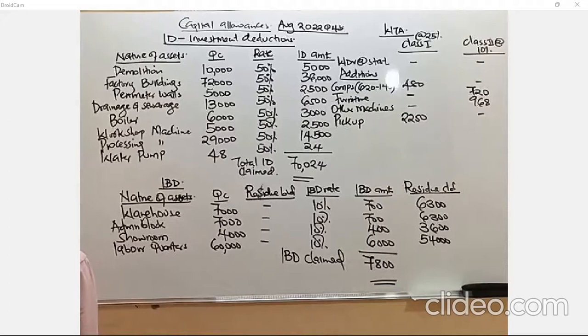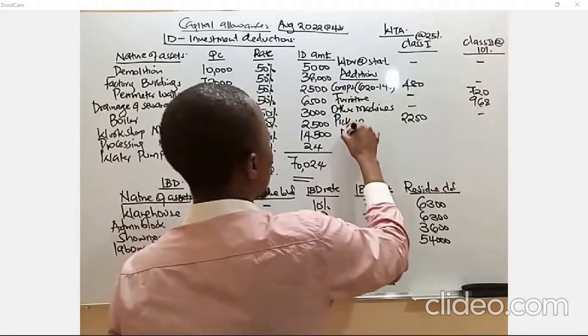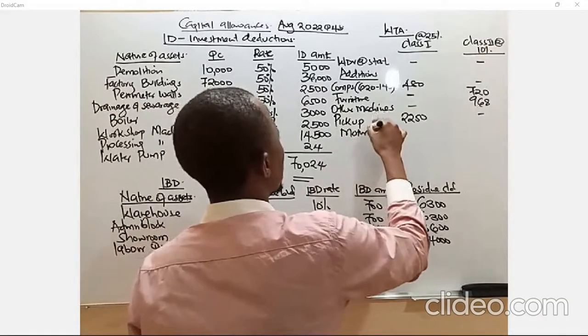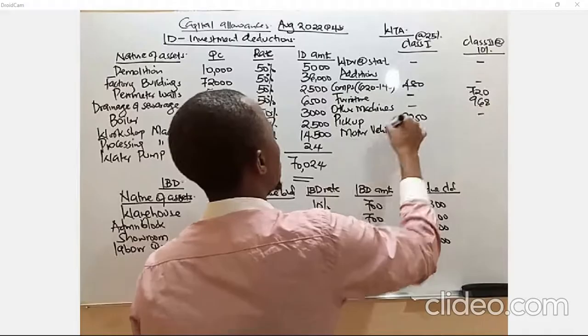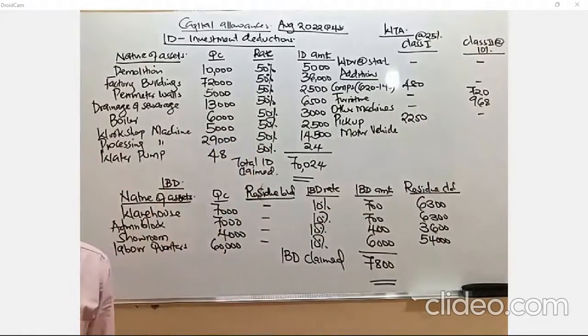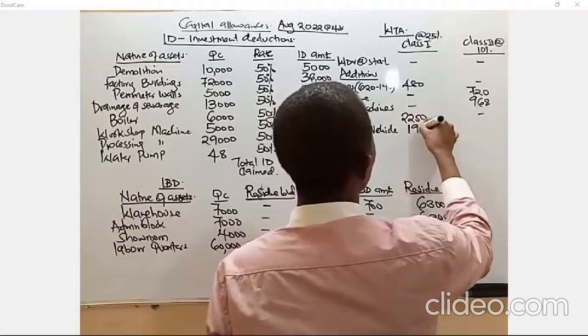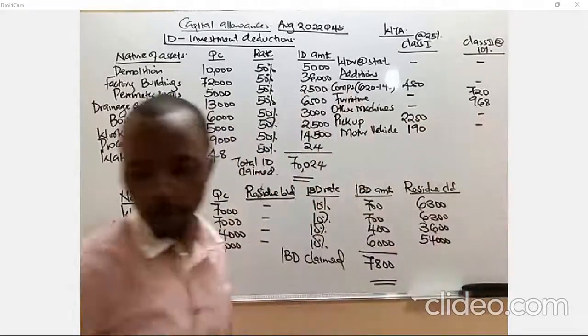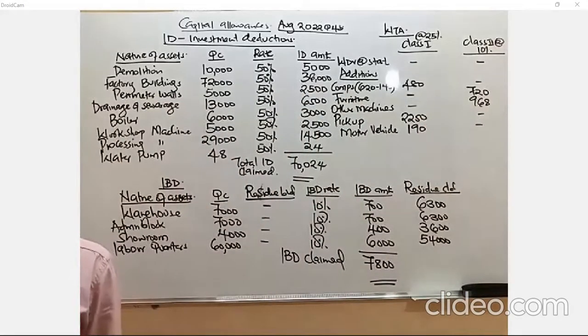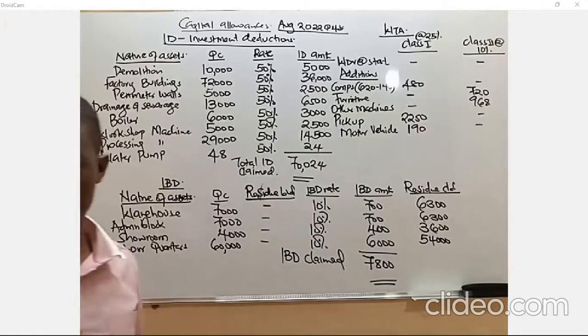Pakim Limited bought a pickup, a motor vehicle. So how much is the motor vehicle? The motor vehicle is 190, right? A water pump, 2 delivery trucks.